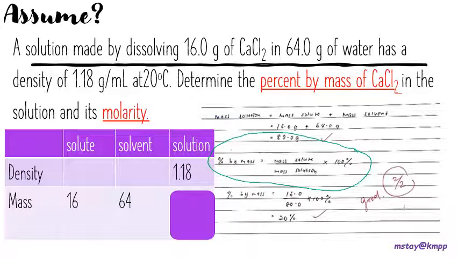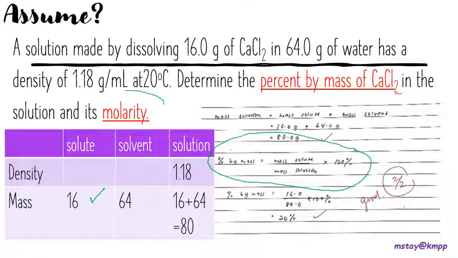Mass of solute is given, then mass of solvent is also given. By totaling these two, you can get the mass of solution. Since both pieces of information are given in the question, no assumption is needed for this question.